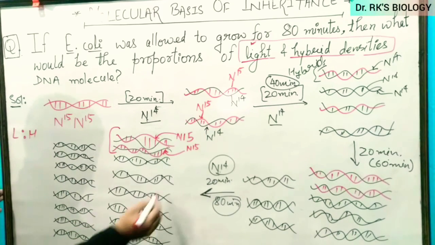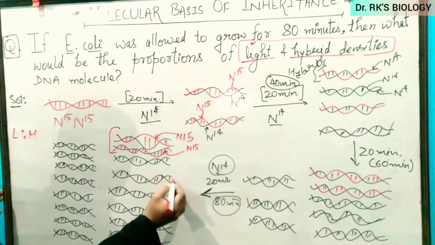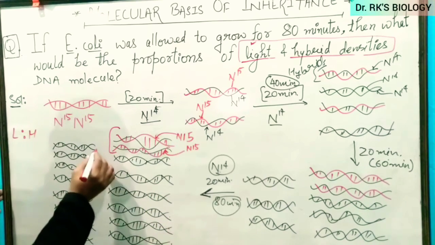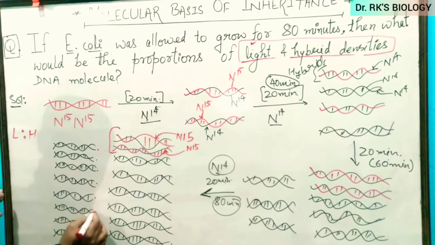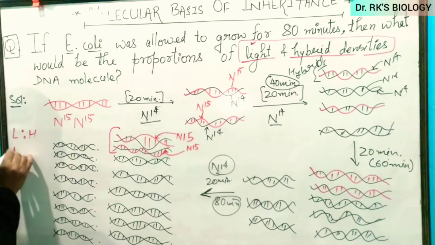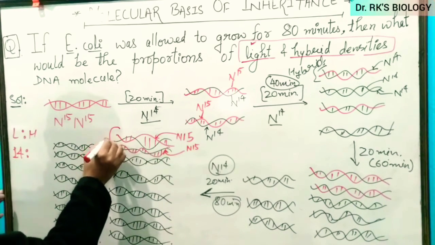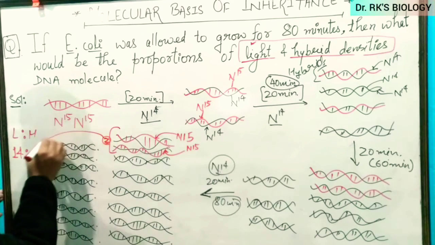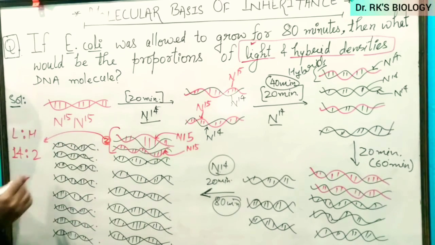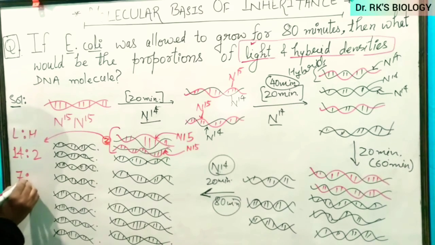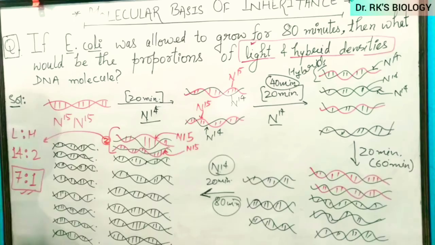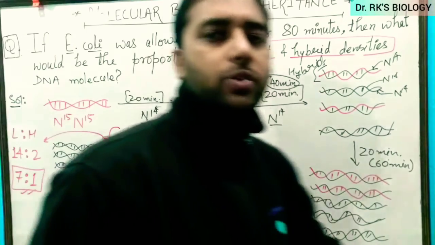How many lighter ones are there? 1, 2, 3, up to 14. So it is 14, and the hybrid ones are 2 in number. If you simplify that, you have a ratio of 7:1. So this is how this question will be solved.